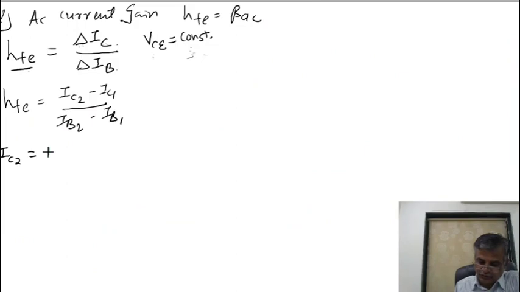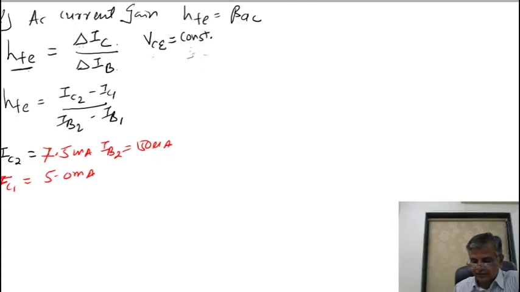So IC2 we are writing 7.5 milliampere for base current 150 microampere. IC1 is 5 milliampere. IB1 is what? 100 microampere.